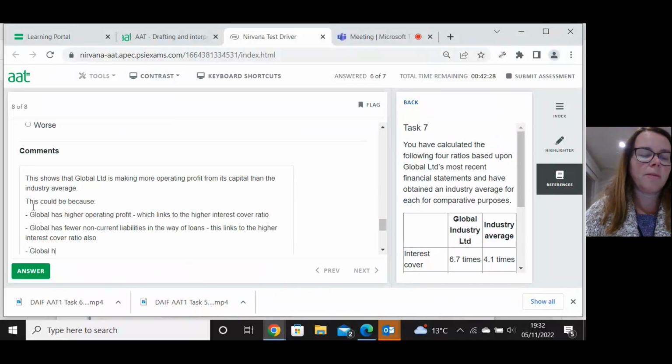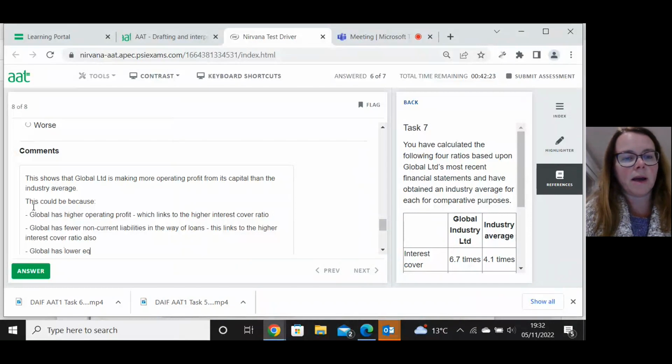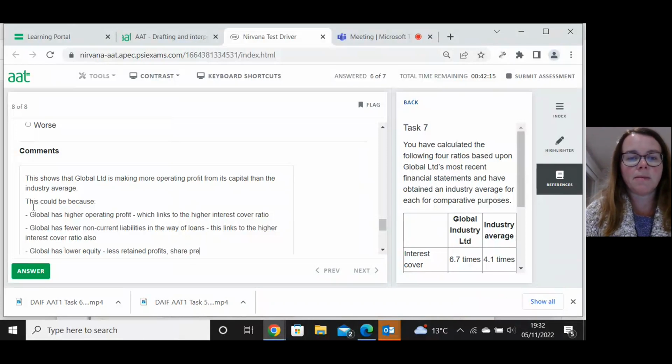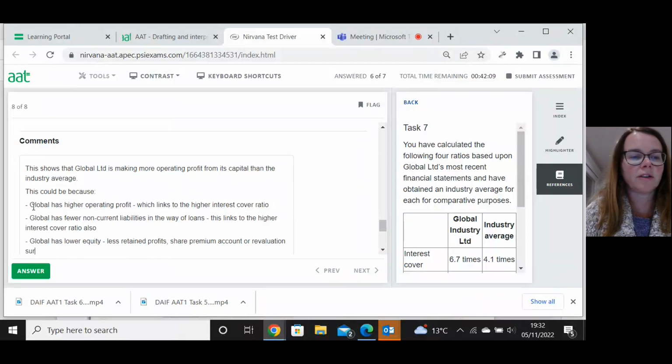It could be that Global has lower equity, which would be less retained profits, share premium, or revaluation surplus. Any of those could be lower than the industry average.